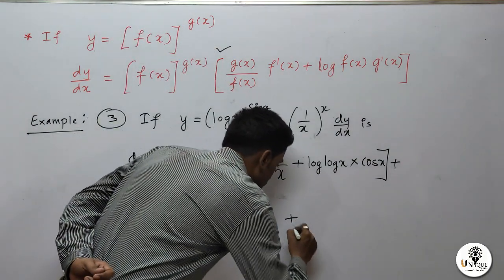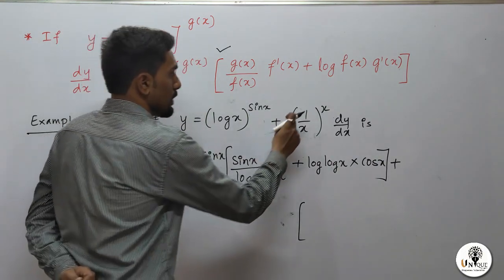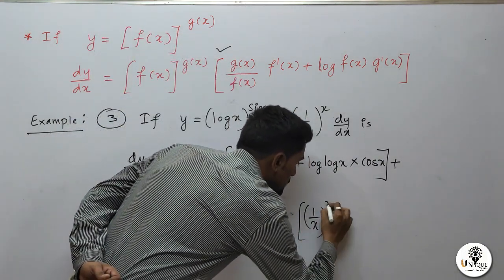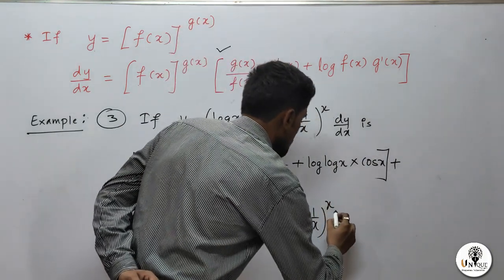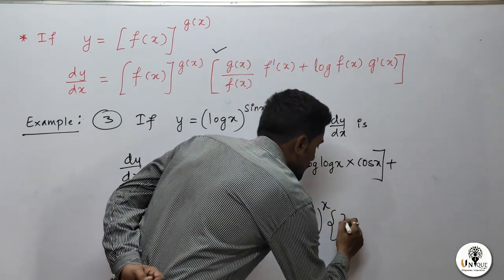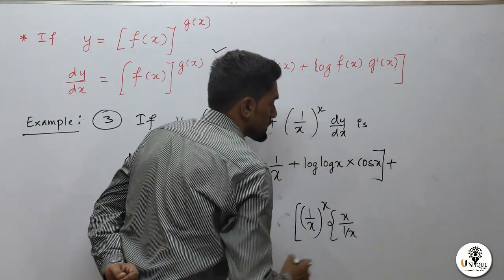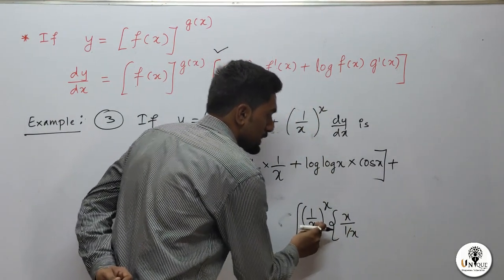I will write it here, that is, the given function as it is, 1 by x to the power x as it is. Next, inside the bracket, the power x divided by the base 1 by x, into f dash of x. So our f of x is 1 by x.